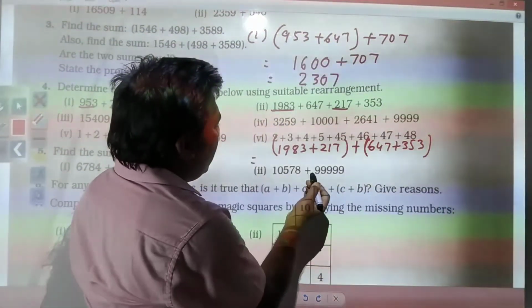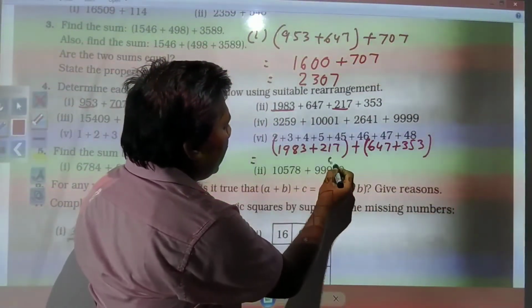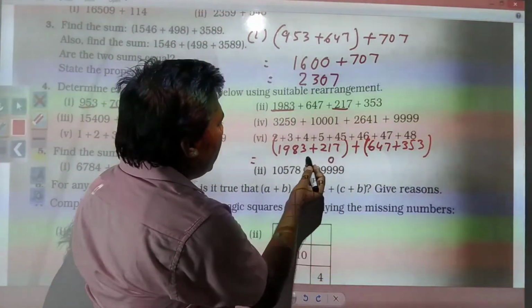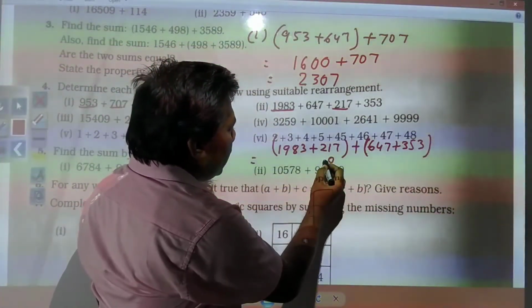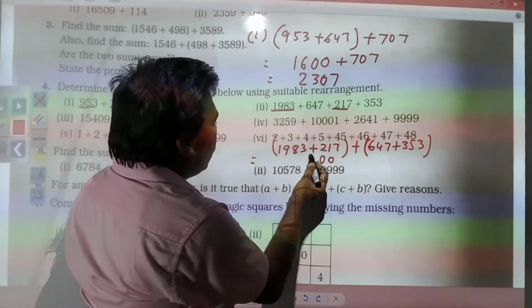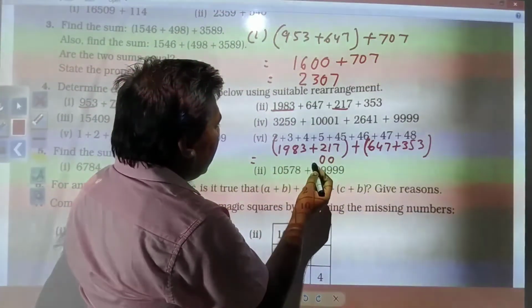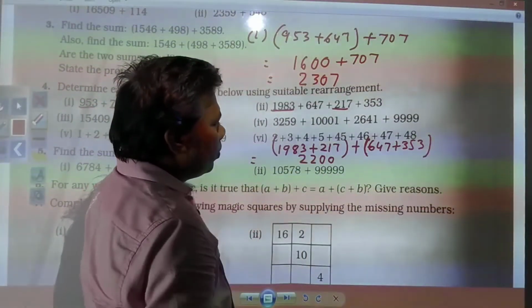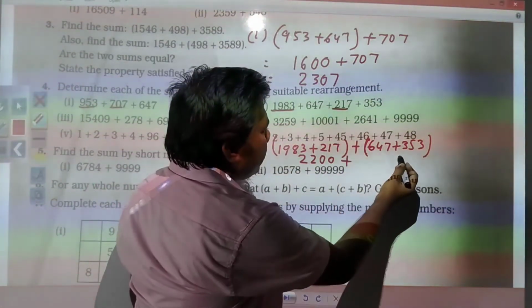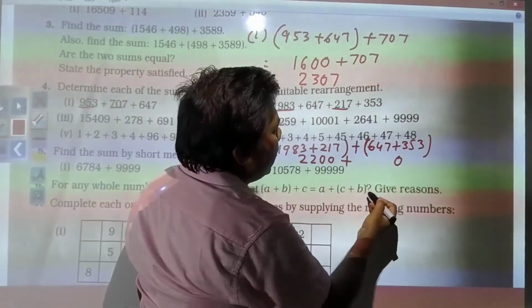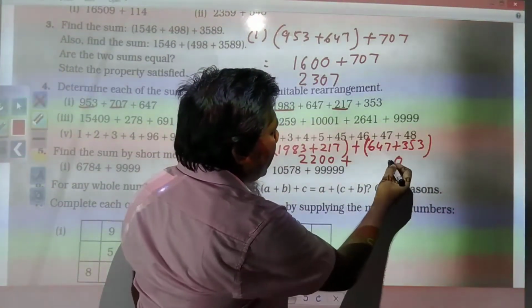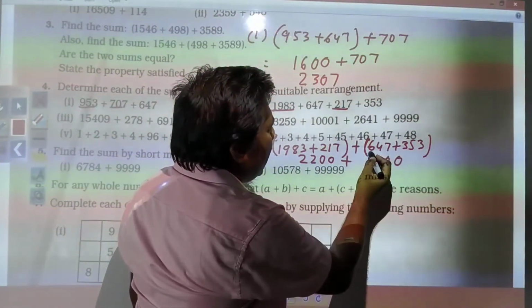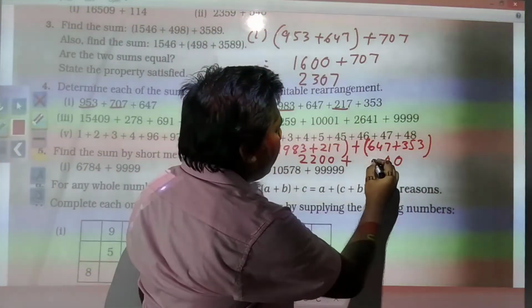You see 3 and 7, 10, 1 and 8, 9 and 1, 10, 2 and 9, 11 and 1, 12, 1 you have, this became 2, plus 7 and 3, 10, 4 and 5, 9 and 1, 10, 3 and 6, 9 and 1, 10.